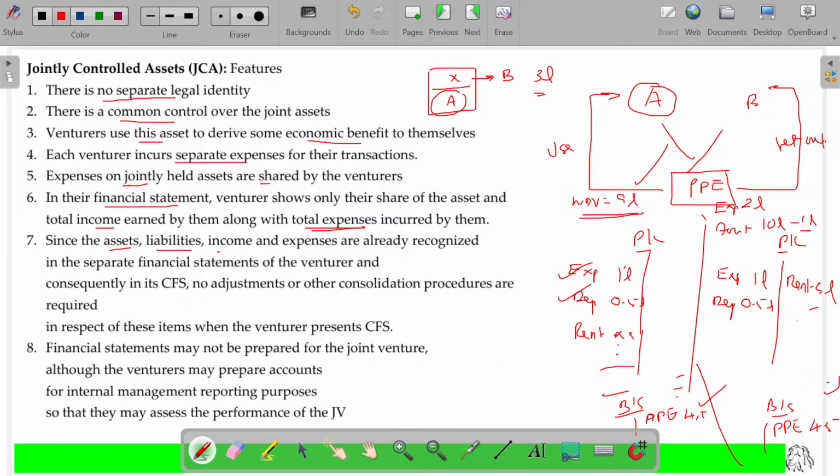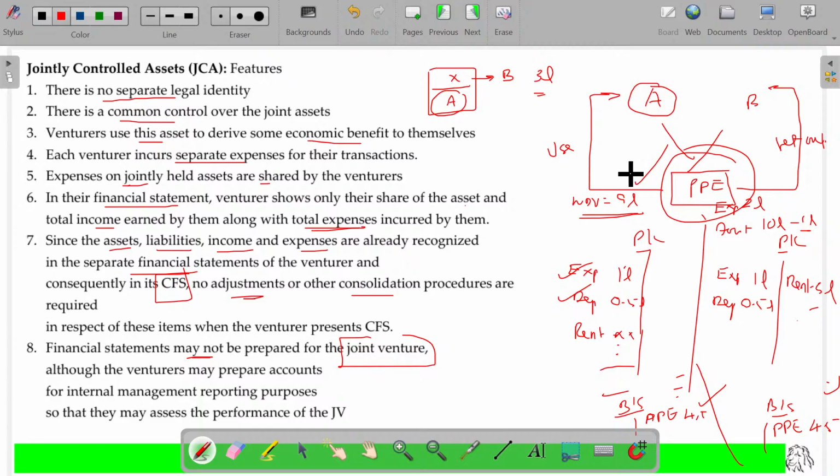Since the assets, liabilities, income, and expenses are already recognized in the separate financial statements of the venturer, consequently in its CFS no adjustments or other consolidation procedures are required. So we are not required to do any other adjustments for CFS purposes. Financial statements may not be prepared for the joint venture; usually we don't prepare financial statements for this joint venture.